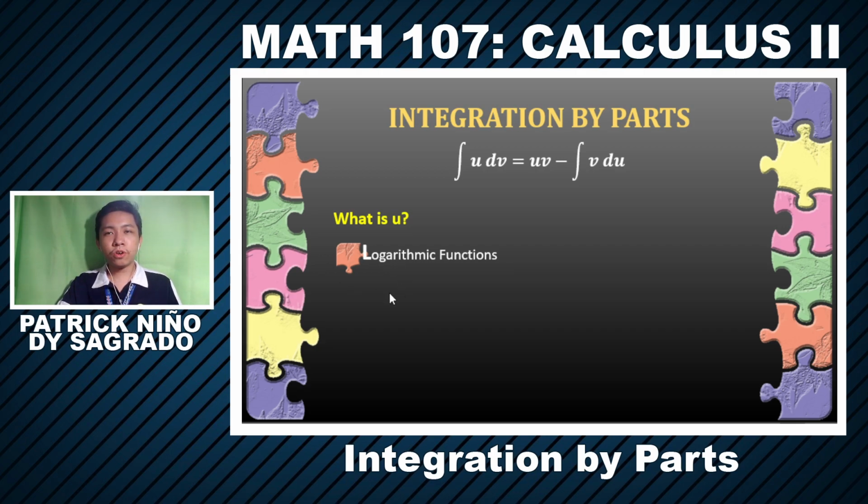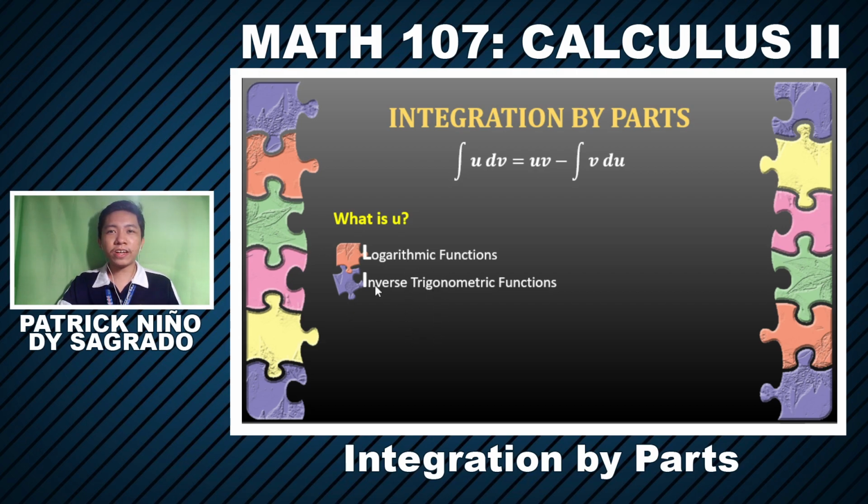If there is no logarithmic function, then we can go through the second one, which is the inverse trigonometric function. This might be in the form of arc sine, arc cosine, or the like, or even trigonometric functions with the exponent of -1.